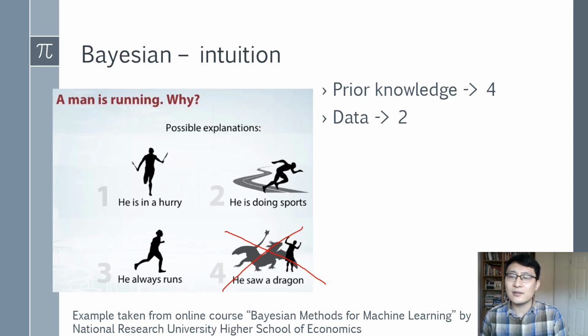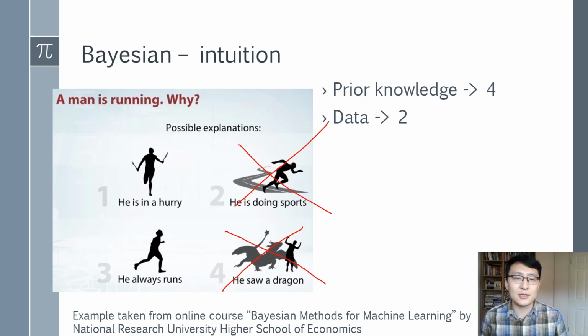If we know that he's wearing sportswear, then probably he's doing sports. But if he's not wearing sportswear, then probably he's not doing sports, and we can remove this option. Similarly, whether he's in a hurry or he always runs depends on your prior knowledge.